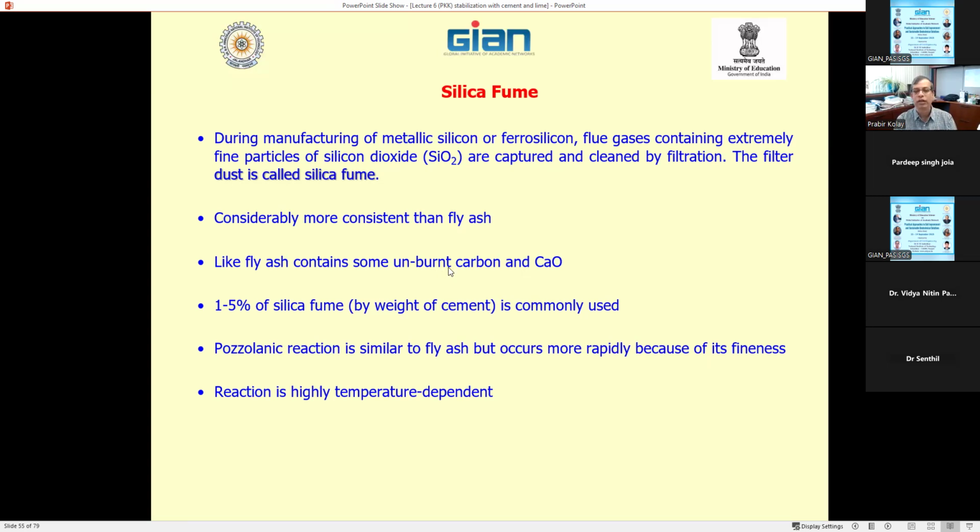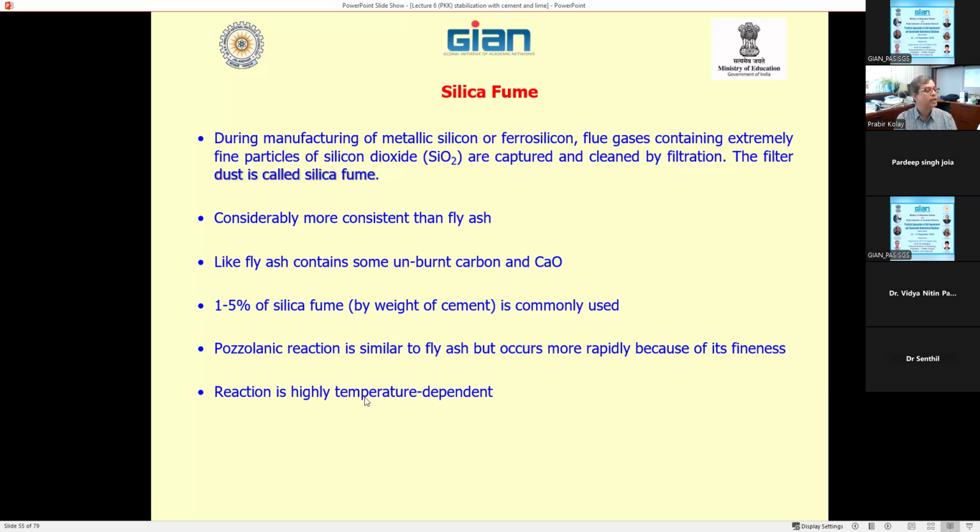Unburned carbon is not good. It's inactive, inert, and not reactive. 1 to 5% silica fume is commonly used, but we have to be careful while using it because it's so fine. If you inhale it, it will be a problem, and silicosis and other diseases may happen. The pozzolanic reaction is similar to fly ash, but occurs more rapidly because it's very fine.